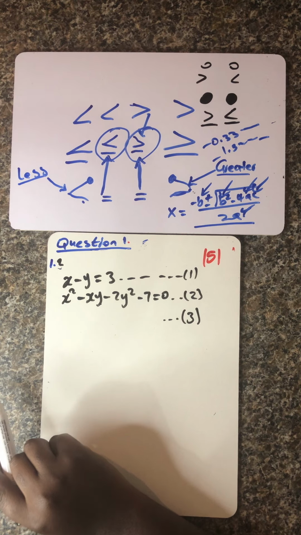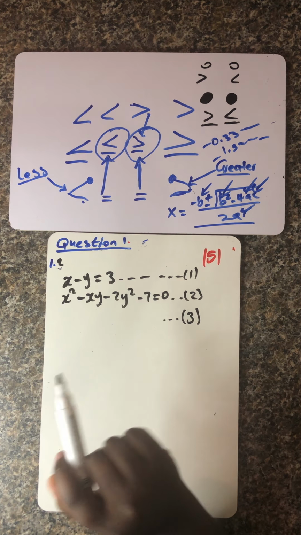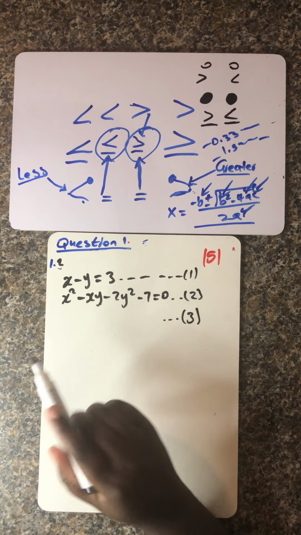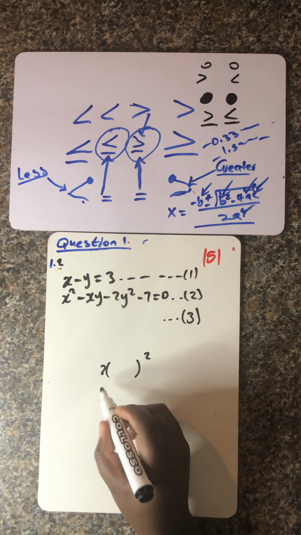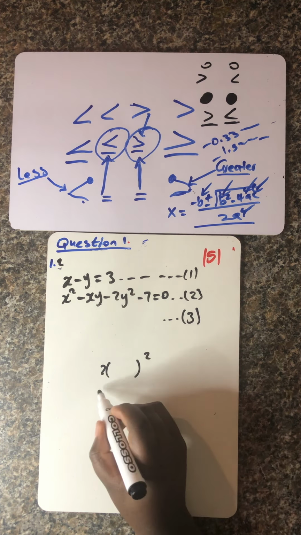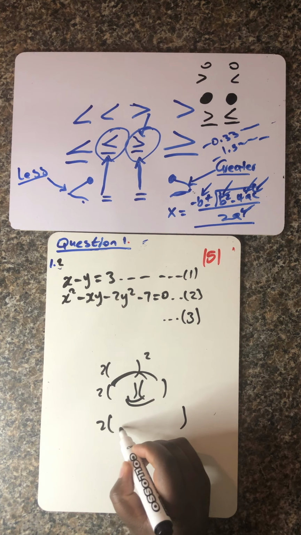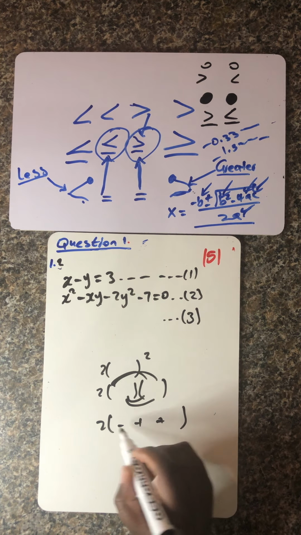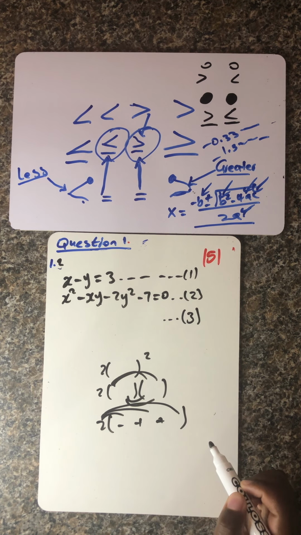But that might complicate things, ladies and gentlemen, because now you'll have 2 into whatever squared, then you have 2 into then you're going to multiply, then you still have that 2, then you have your quadratic equation, then you're still going to multiply. Can you see, ladies and gentlemen?